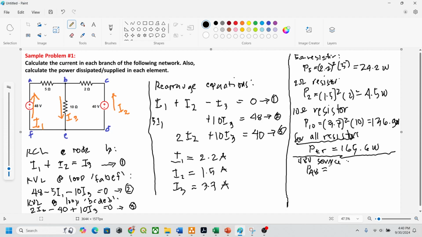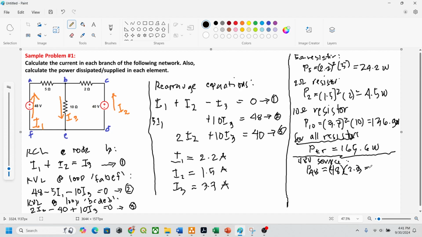Again, we can only compute the power supplied or absorbed by the particular voltage source, by getting the product of the voltage, which in this case is 48, and the current flowing through it, which is I1, 2.2.